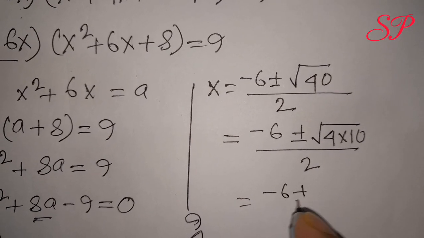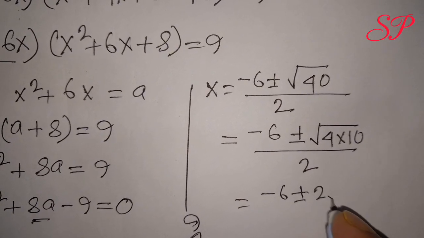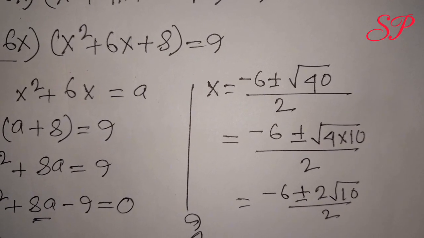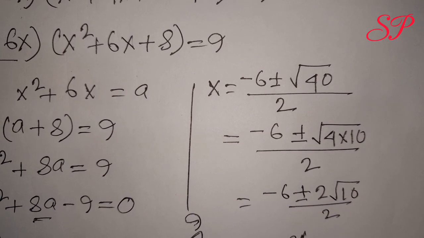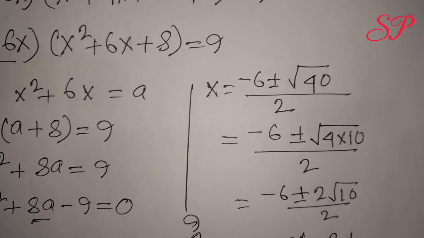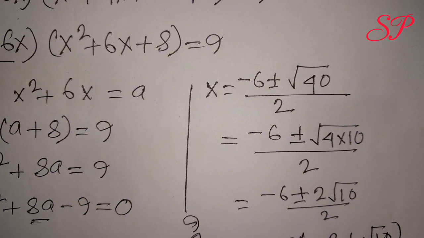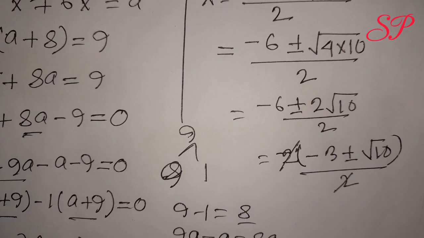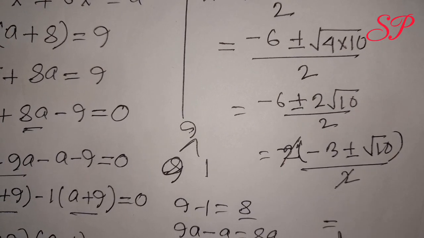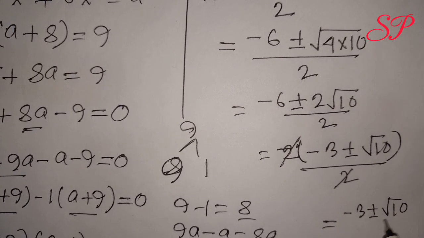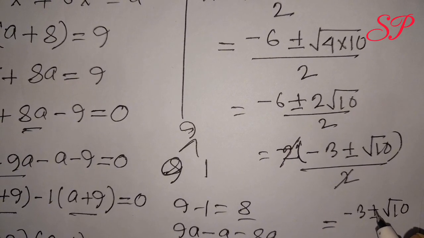That is minus 6 plus minus 2 root 10 by 2, which is 2 common, minus 3 plus minus root 10 by 2. 2 and 2 cancel, so we can write minus 3 plus minus root 10.